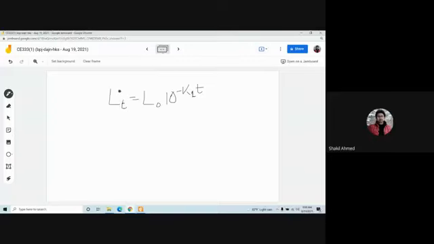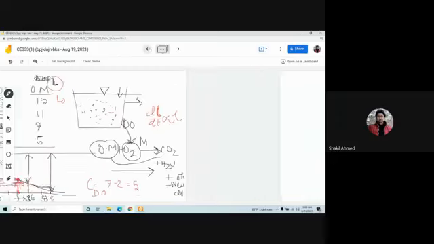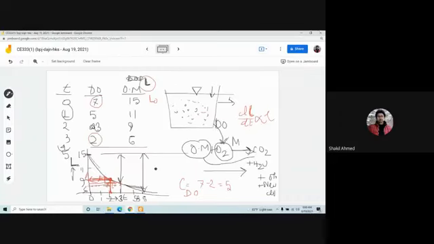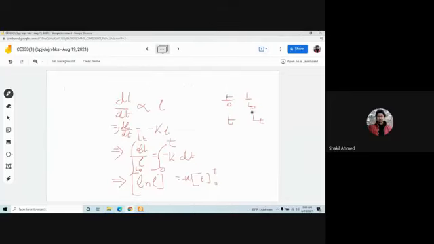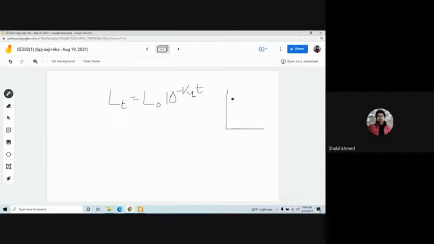Now, tell me what is Lt? Lt is BOD remaining at any time t. So you take any time here, for example, t. What is the L corresponding to that point?